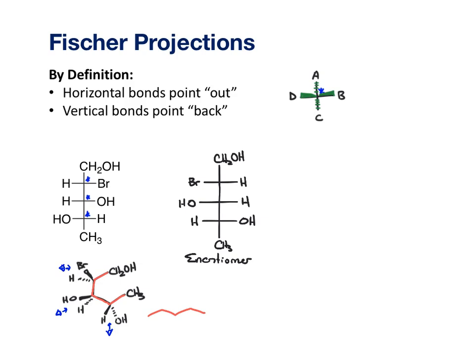We can also draw a diastereomer by inverting one or more, but not all of the chiral centers. So let's say we just maybe invert the first two.